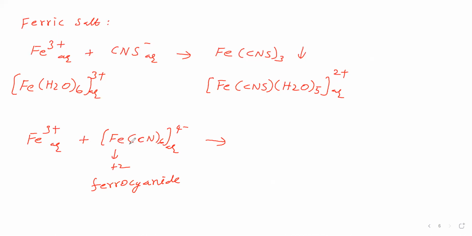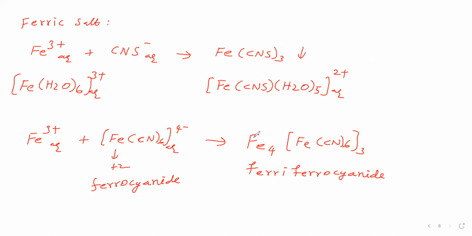Both solutions we have mixed. What we get, by the crisscross method, cross multiplying, is the resultant compound Fe4[Fe(CN)6]3. This Fe is +3, therefore ferric. This Fe is +2, therefore it is ferrocyanide.